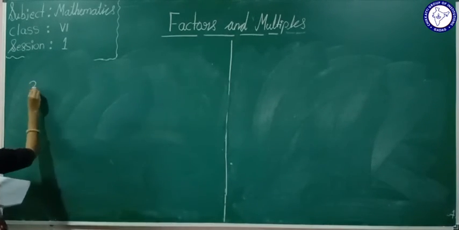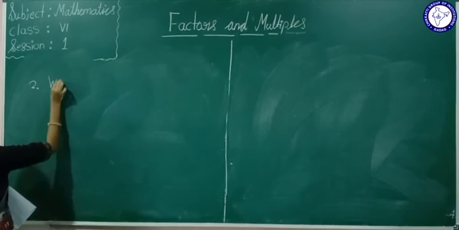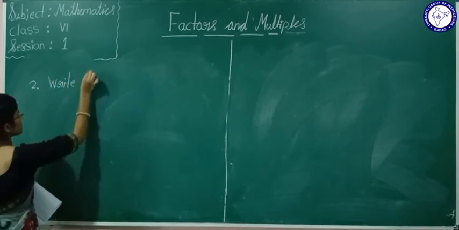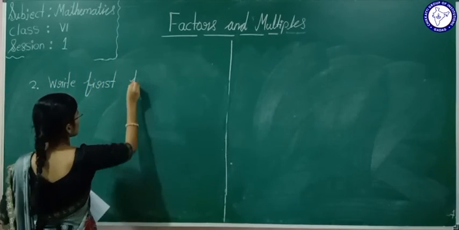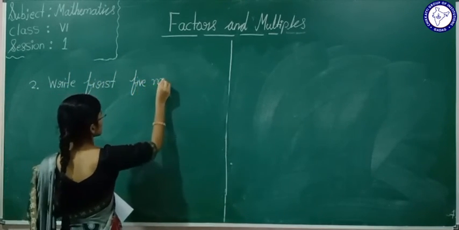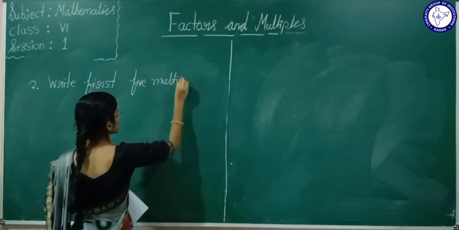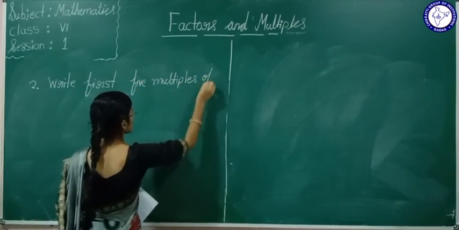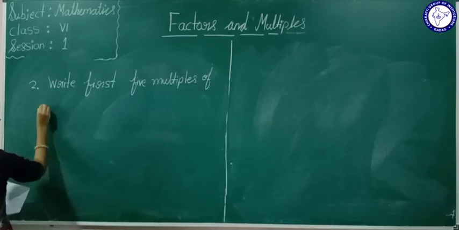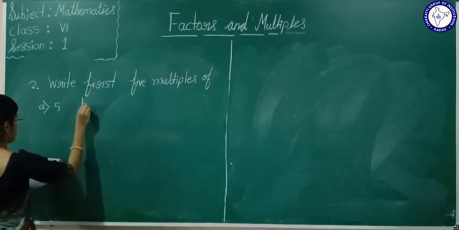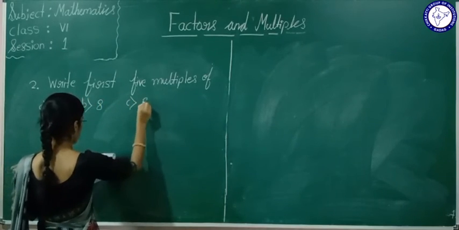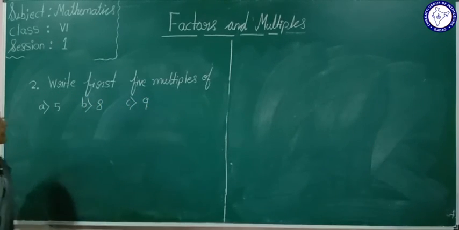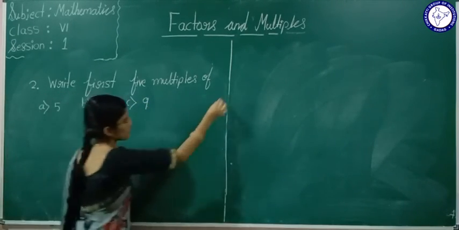So second main: write the first 5 multiples of A, 5; B, 8; C, 9. Okay, just now what we have solved.